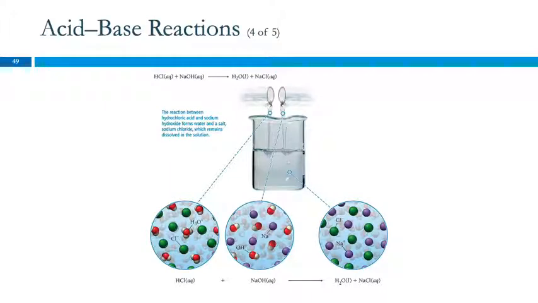There are some illustrations of acid-base reactions. So here we have the HCl and the sodium hydroxide. So in this test tube, we've got hydrochloric acid. So here's the chloride ions, and those hydrogen ions are actually riding on water molecules. So you have this hydronium ion. And then in the other test tube, we have a sodium hydroxide solution, and we have hydroxide ions and sodium ions.